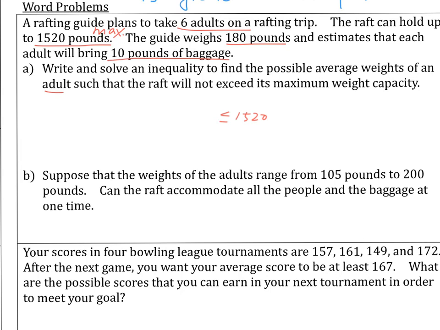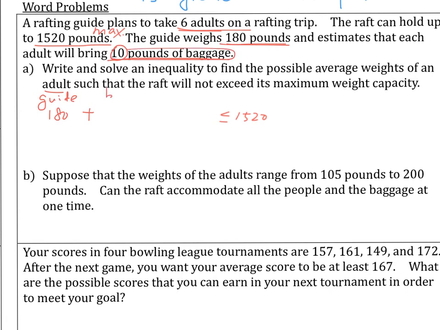So I need to first set up my inequality. On the left-hand side of this inequality, I need to include the weight of the guide, 180 pounds. Okay, and then there are 6 adults, so they're each going to bring 10 pounds of baggage.